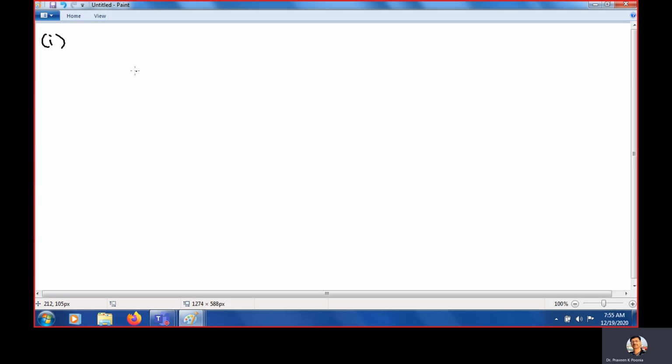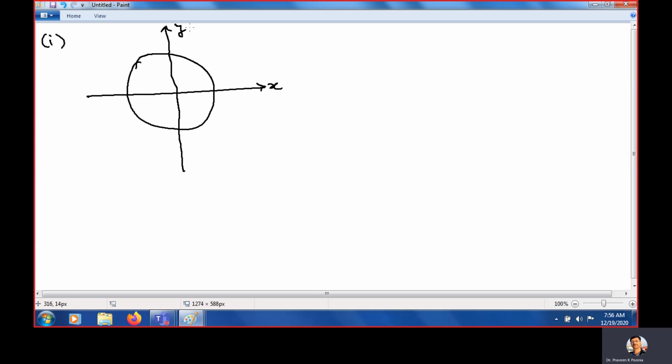So for example, you can see the first type of question. This is the x-axis, the y-axis. This is the circle. So you mark a point. Here is what point? (x, y). Here is (minus x, minus y). So both changing. Here is (minus x, y). And here is (x, minus y).